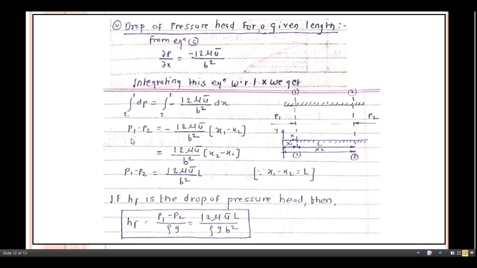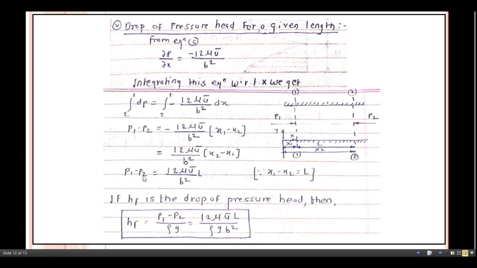Integration of dP is nothing but P. If I put the limits, we get P1 minus P2 equals this term times dx, whose integration is x. Putting the limits, we get x1 minus x2. In this way you can get that relation.